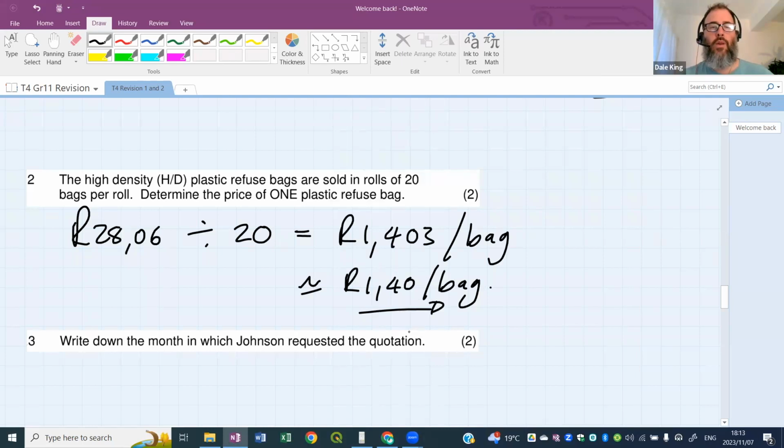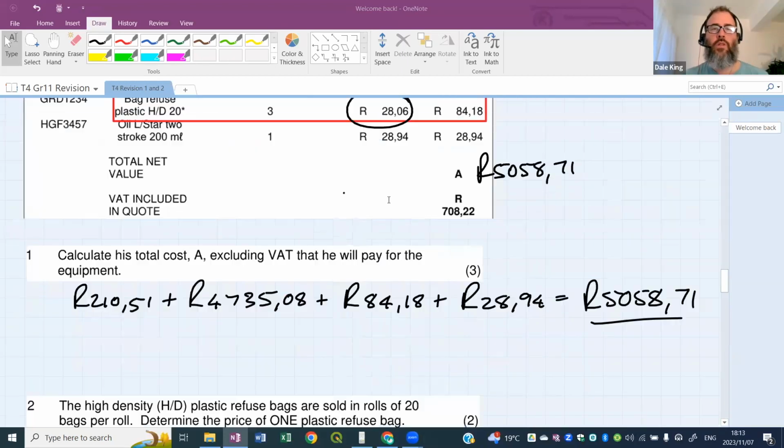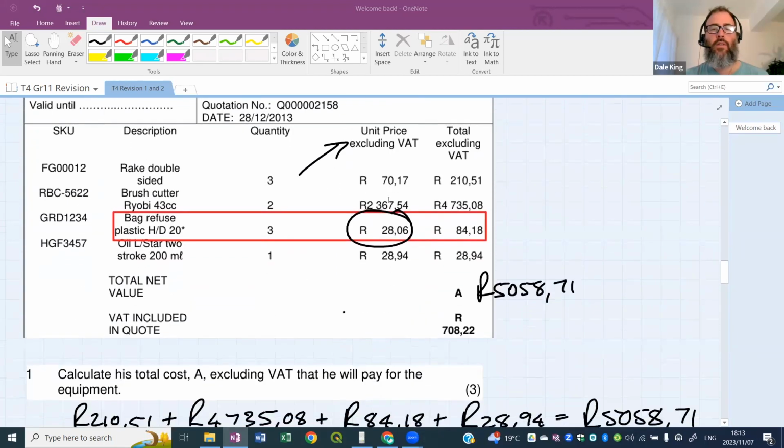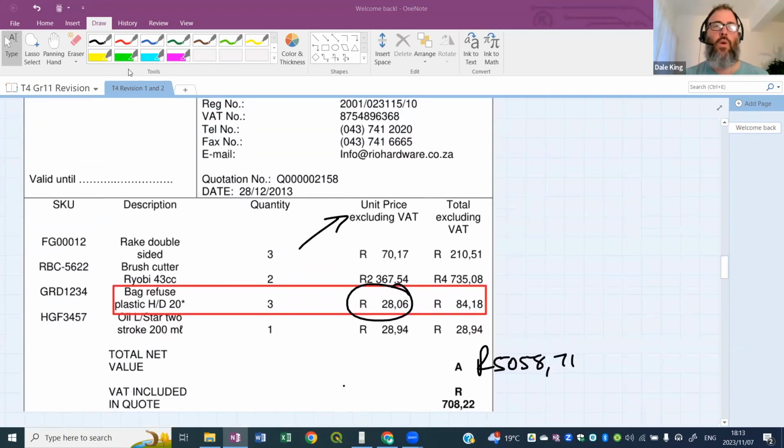Good job. Okay, excellent. Question number 3, let's have a look. Write down the month in which Johnson requested the quotation. Don't worry, Otlile. Write down the month in which Johnson requested the quotation. When did he request this quotation? There it is on the screen. There's the quotation. When is this quotation for?